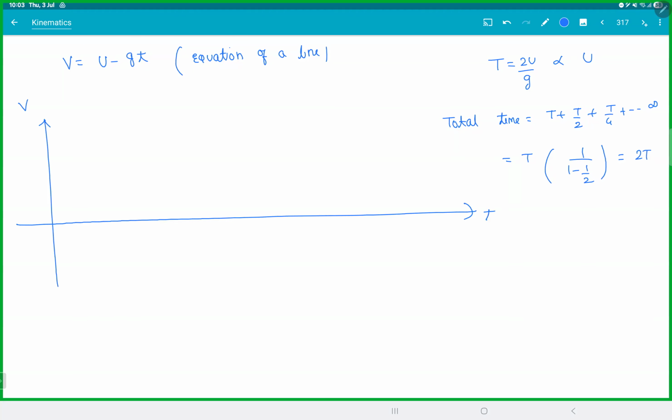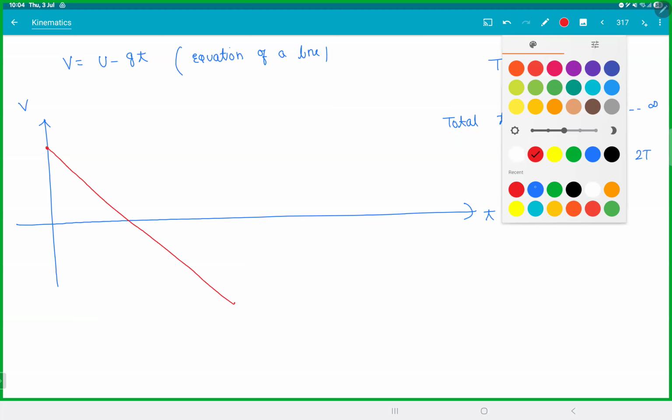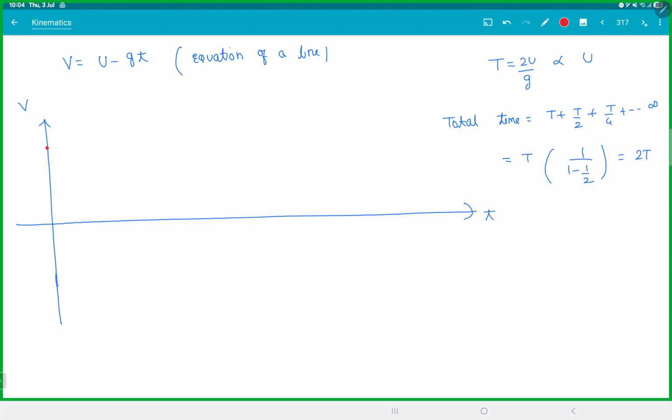So at t = 0, your velocity is speed U. It is positive. As time passes, you will go down, negative, negative, negative, like this, it decreases. And look at the data points here. You're starting with speed U. When you're hitting the ground, your velocity becomes minus U. This angle is theta.